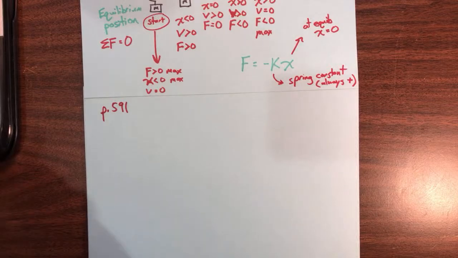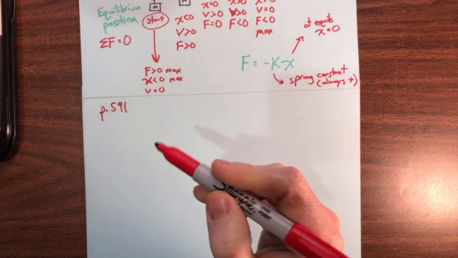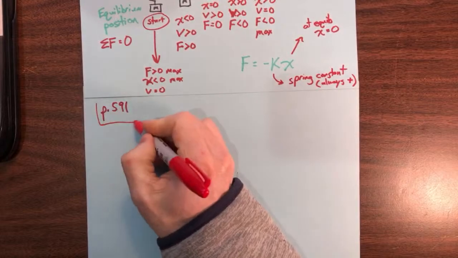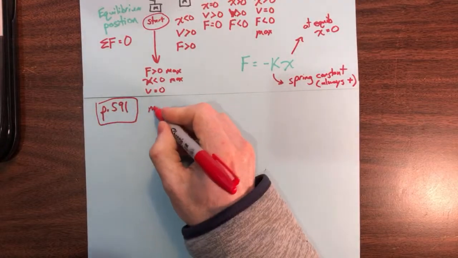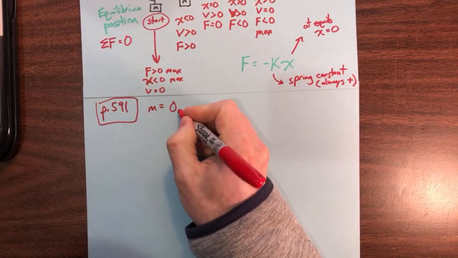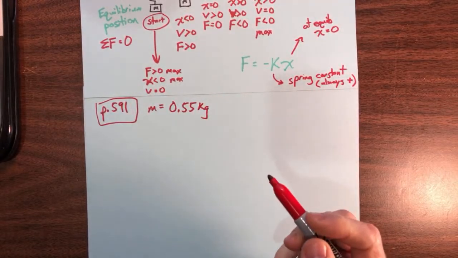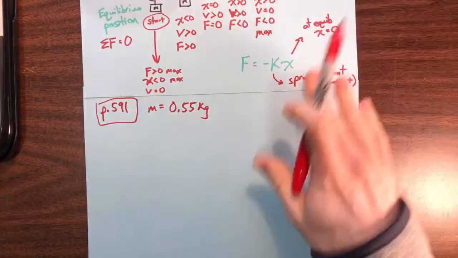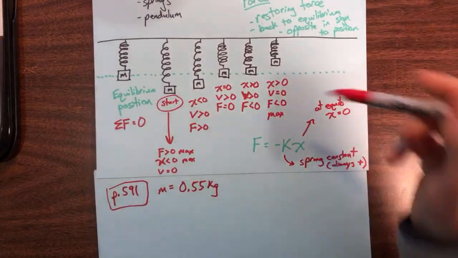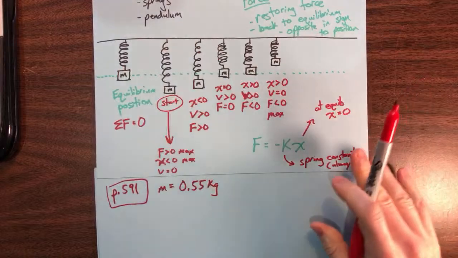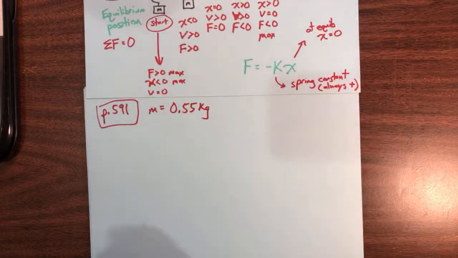It says, if a mass of 0.55 kilograms is attached to a vertical spring, exactly this kind of situation we can come back to over here, and it's going to stretch the spring 2 centimeters.